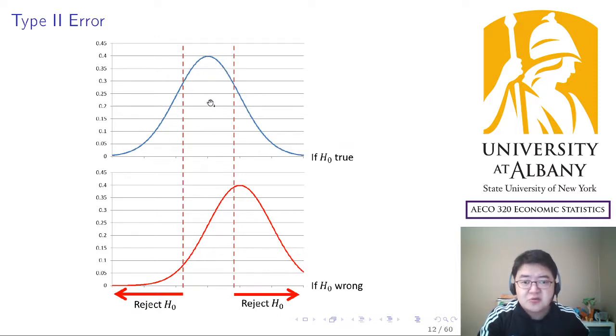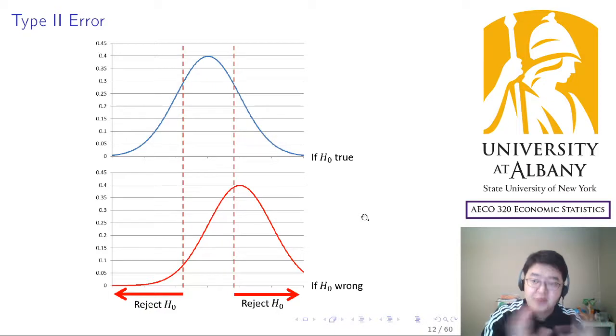So it's centered around 100, say. And you choose critical values based on the null distribution, but actually it was not true. So H0 was not true, so the actual sampling distribution of X bar would be distributed like this, a little bit distorted.